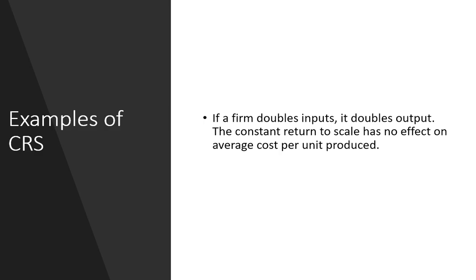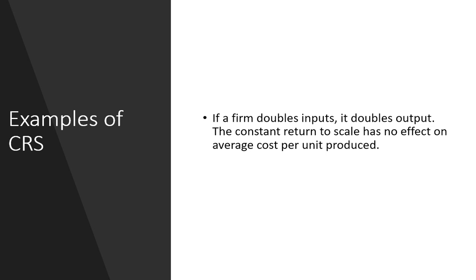Examples of constant returns to scale: if a firm doubles inputs, it doubles output. Constant returns to scale has no effect on average cost per unit produced. As I have mentioned earlier, in the case of constant returns to scale, your cost remains the same, your cost does not change.